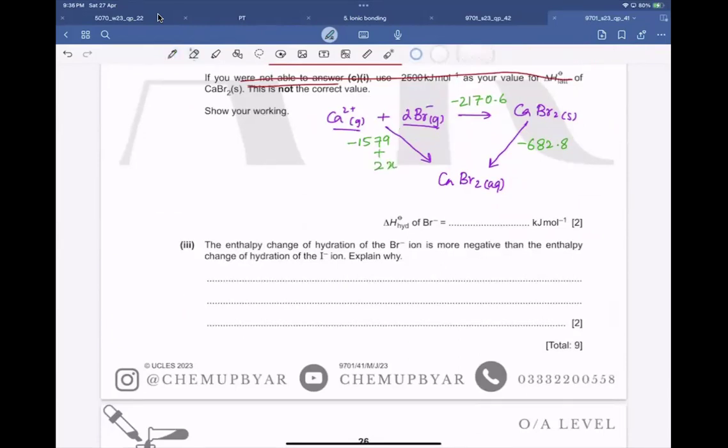So minus 1579 is the hydration of calcium plus 2x, because we don't know and we have to find the value of x. Now, if you look at the arrows, there is one route this way, because these two arrows are in one direction and this is in the opposite direction. So the mathematical expression would be: minus 1579 plus 2x is equal to minus 2170.6 plus minus 682.8.